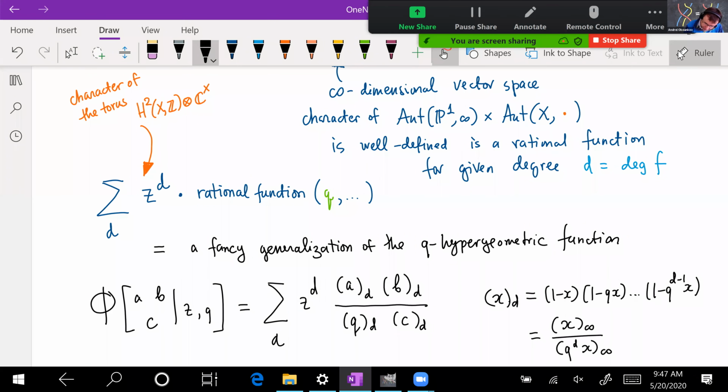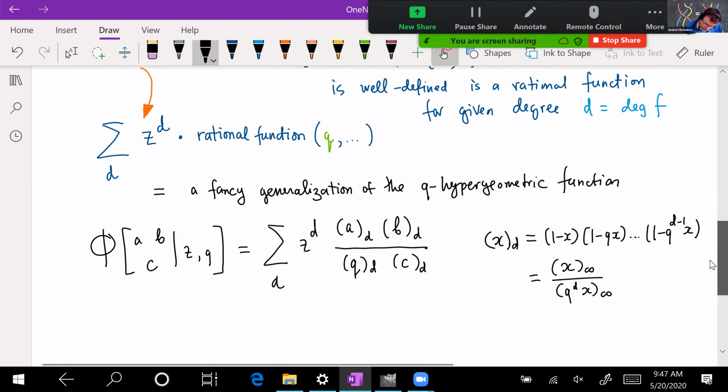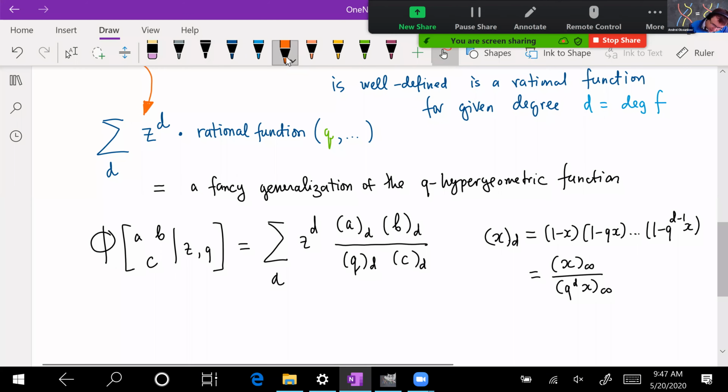That's one way to write it. And what unites all these functions? These are solutions of regular Q difference equations.